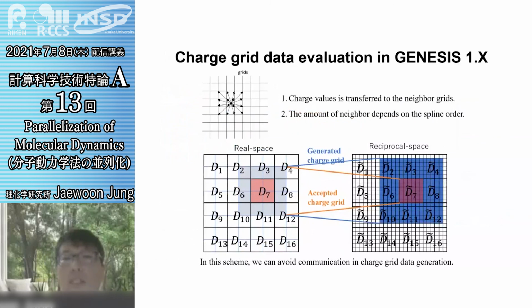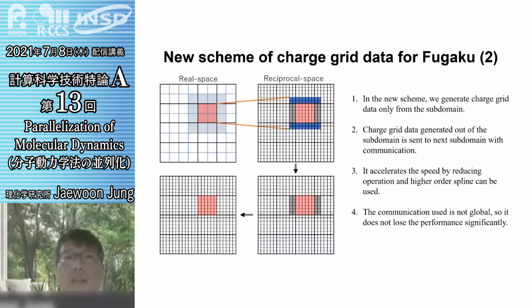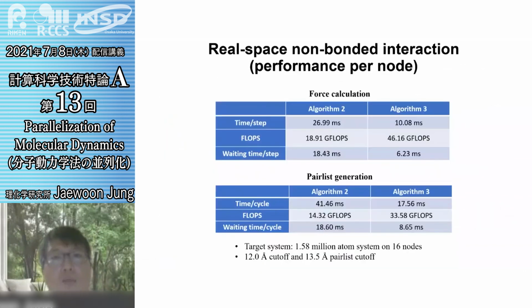But in our case, we just consider the charge in this space, not the buffer space, so we can reduce the overall amount of computation. Using this way, we could greatly increase the performance on the Fugaku supercomputer.